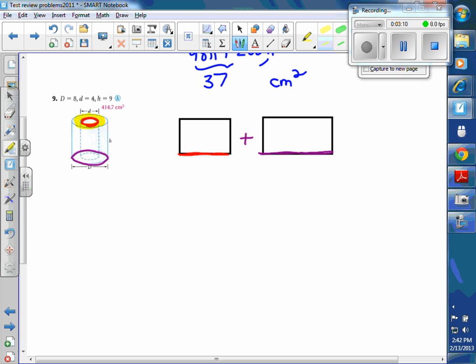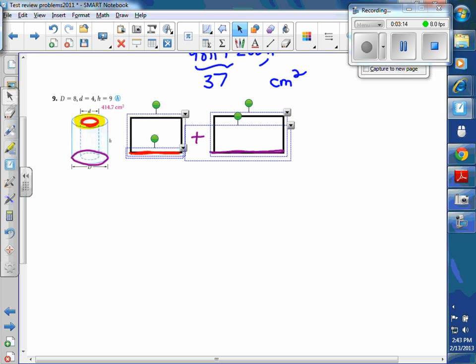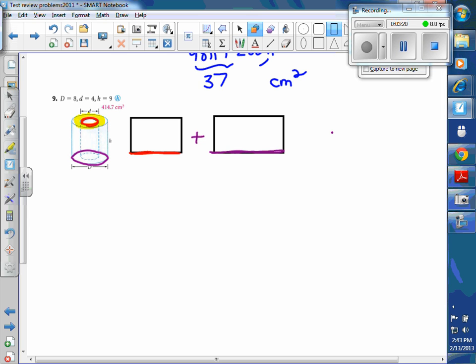So there's two of those, and they are formed by the big circle minus the small circle, and there's two of them.